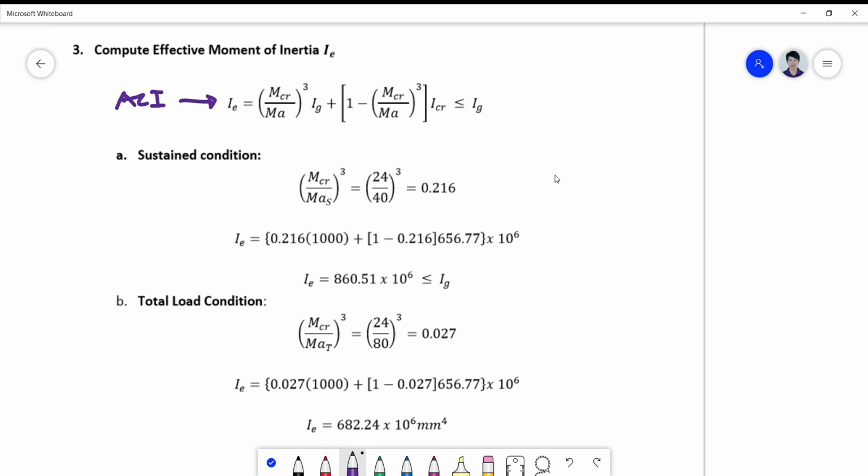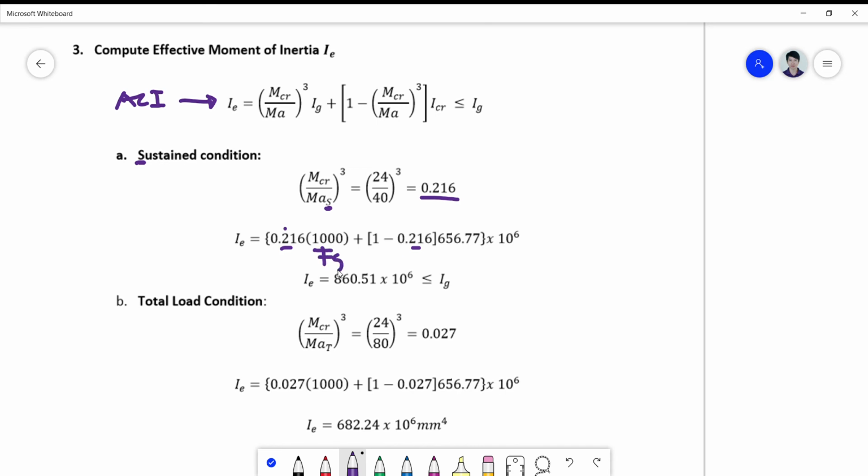So better if I compute the ratio cubed of your MCR over MAS, at the sustained condition. MAS is 40, so we simply divide 24, your cracking moment, over 40, cubed, is 0.216. So you just plug it here, and then 1 minus 0.216, you plug it here, and then you place your IG.